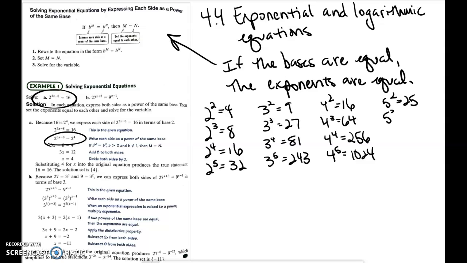So 5 squared is 25, 5 times 5 times 5, 5 to the third is 125. I don't think it's going to get a whole lot higher than that. But just because we took the other ones out to the 5th, we'll take this guy out to the 5th.